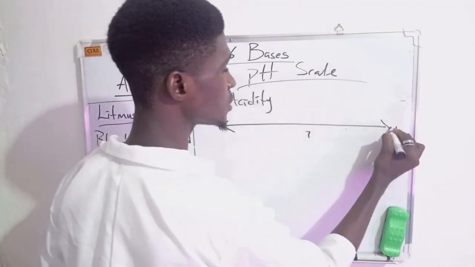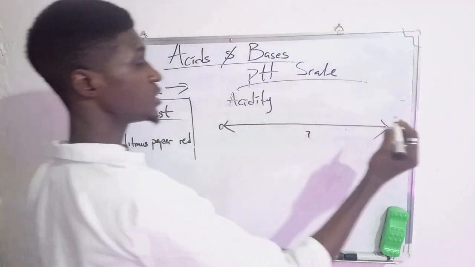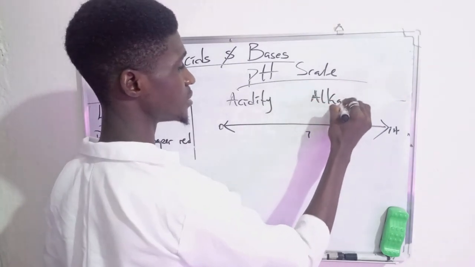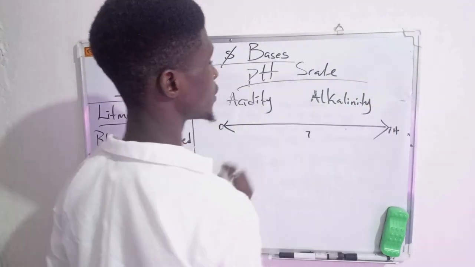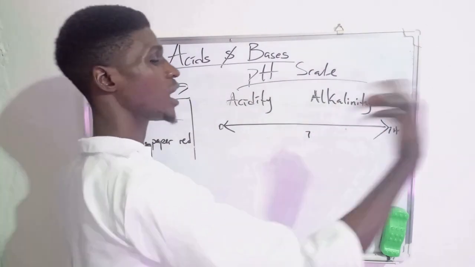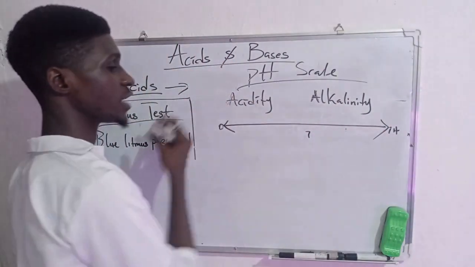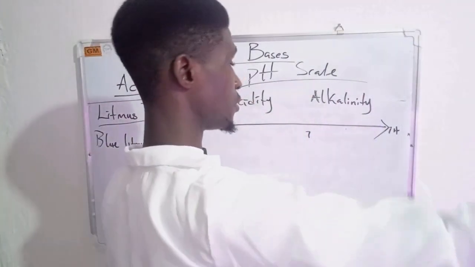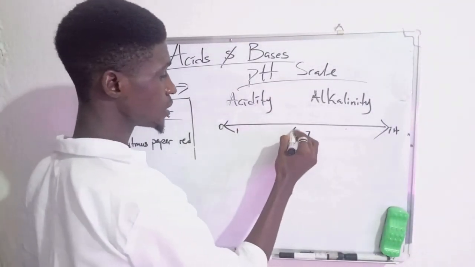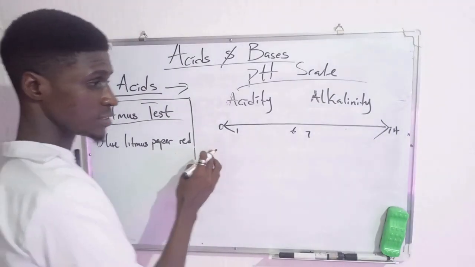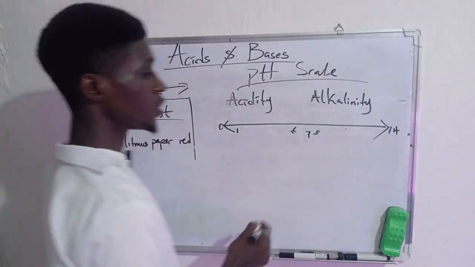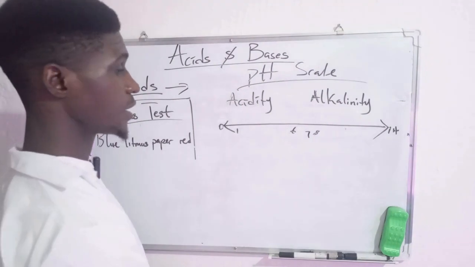Going towards the other direction, the pH value increases in alkalinity. This shows the strength of the acid and the strength of the base. Notice that from 1 to 6 are acidic, then from 8 to 14 are basic. Are you getting it?